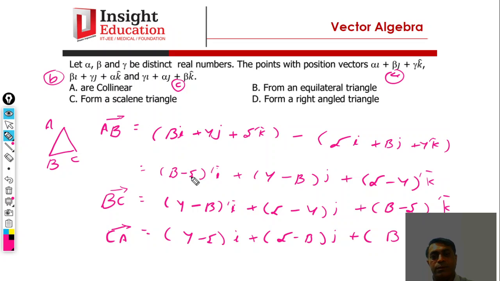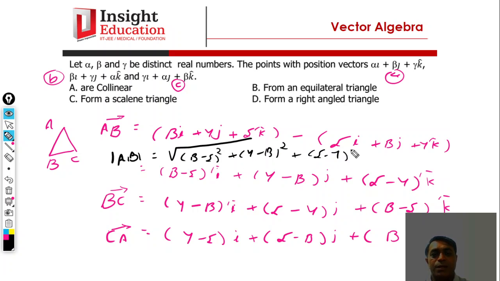So now can we say anything? If I square, the terms are beta minus alpha, gamma minus beta, alpha minus gamma in each. So if I find the magnitude, mod of AB is under root of beta minus alpha squared plus gamma minus beta squared plus alpha minus gamma squared.